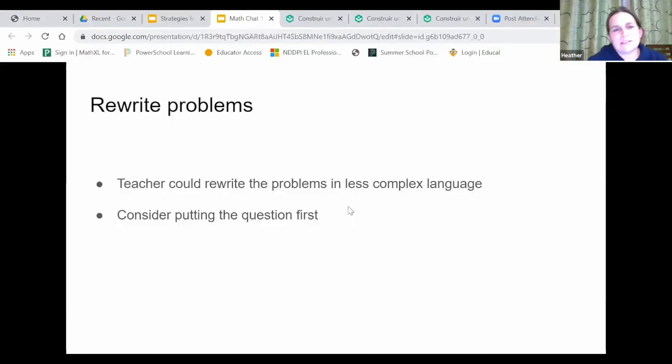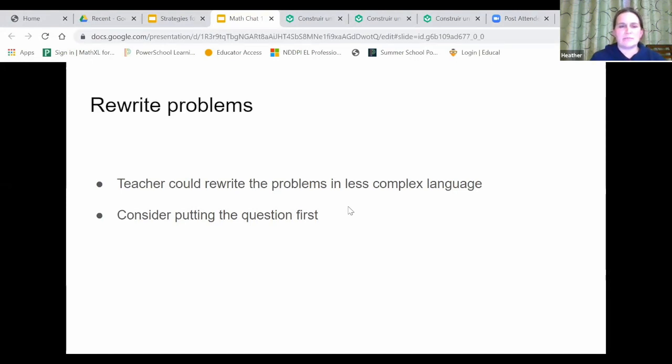This one I thought was a good suggestion too. I know that we don't want to take away all of the obstacles, but rewriting problems is a thing that could help. I do like the idea of putting the question first. Sometimes we'll do that in the English test, the ACCESS test that I was talking about at the beginning, in the listening portion.